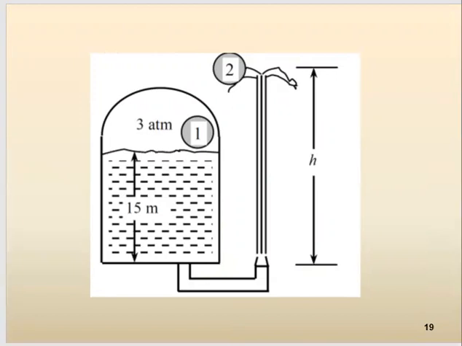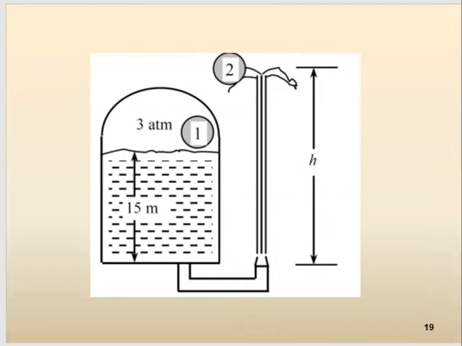Also, we take the reference level, the Z level, 0 level, at the bottom of the tank. So this is Z equal to 0. At the top of the water trajectory, obviously, when the water jet reaches its maximum height, the velocity is 0. So V sub 2 is 0.